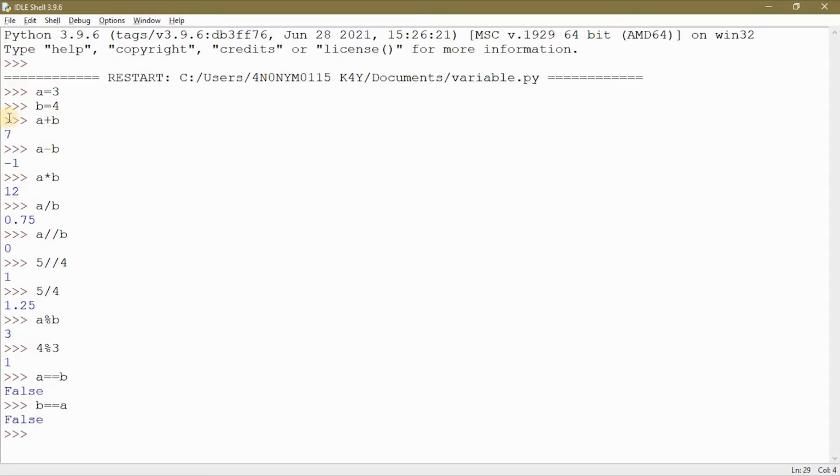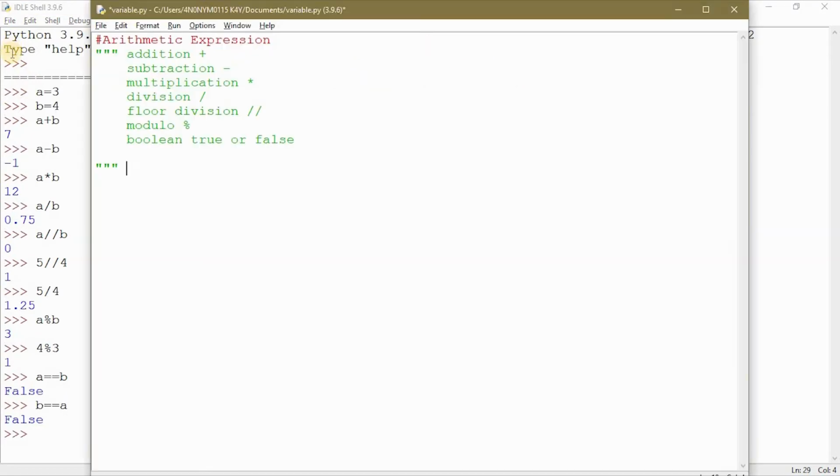For the boolean, we also have these signs: greater than, less than, equals, greater than or equals to, and less than or equals to. So these are basically the signs for the boolean.